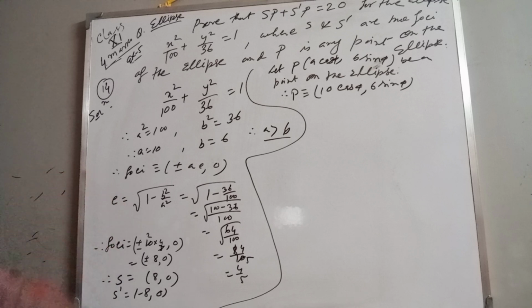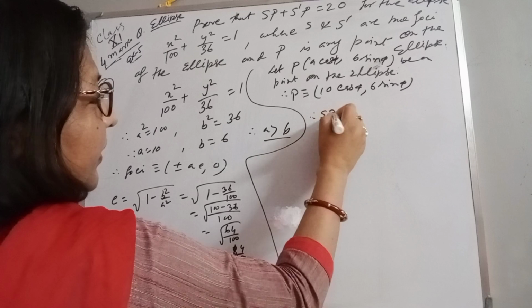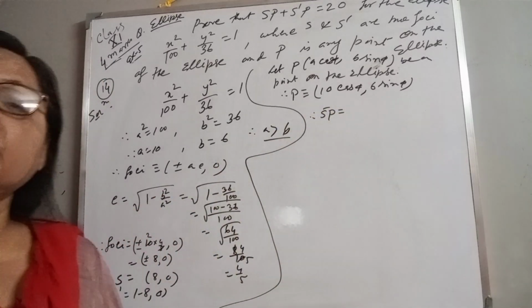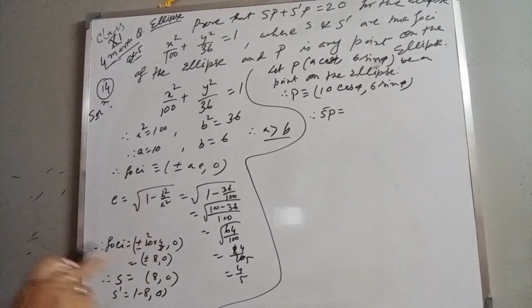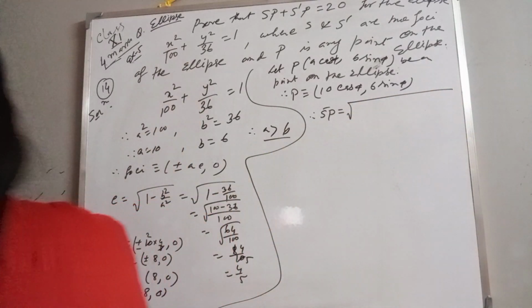Therefore, SP is equal to what? This is S, this is P. Now, distance formula we know, square root of x1 minus x2 whole square plus y1 minus y2 whole square. We will apply the same. Okay. Now, SP will be what? x1 minus x2 whole square.